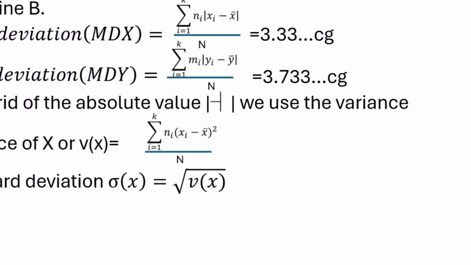The mean deviation and the standard deviation approximately measure the dispersion in the series. Okay? Instead of absolute value, we make square. Then we make radical the variance.